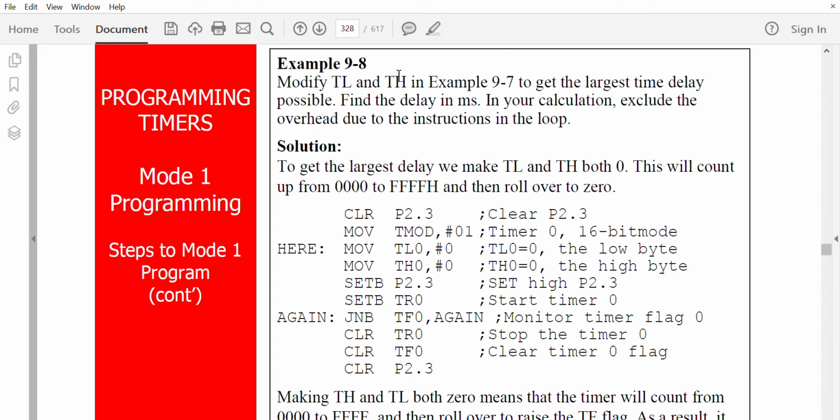So what is the maximum possible count? If TH and TL are loaded with 0 initially, that is 0000 to FFFF, that's the maximum possible number of counts. That is why we are loading TL0 and TH0 with 0.